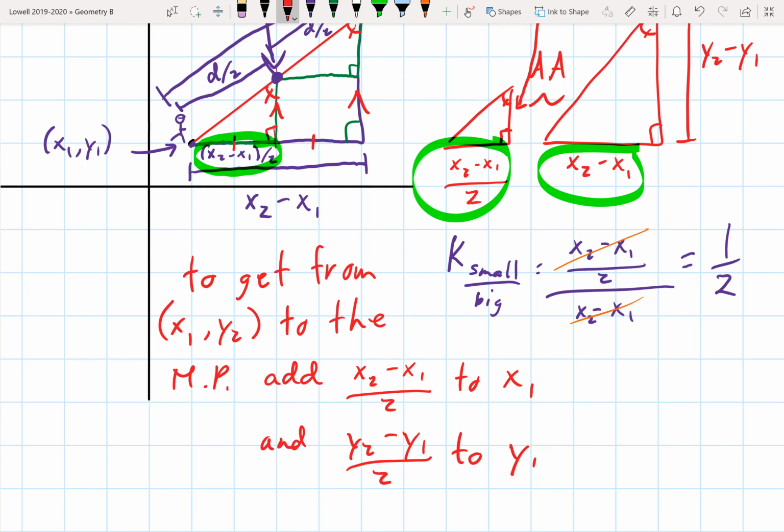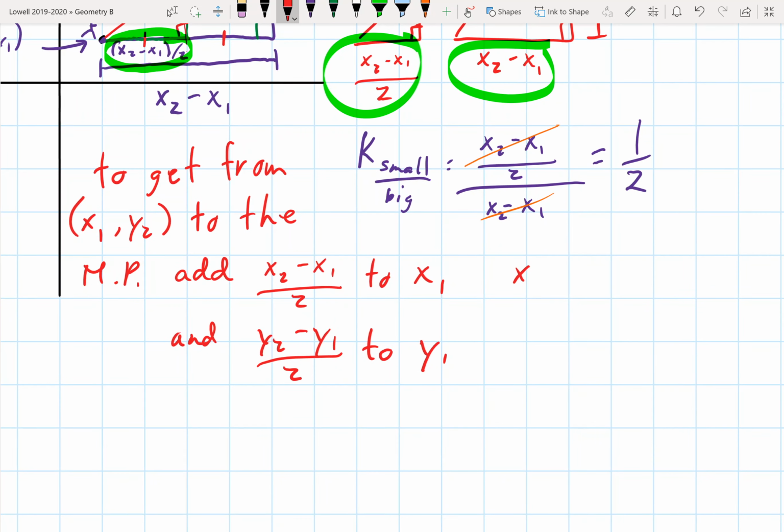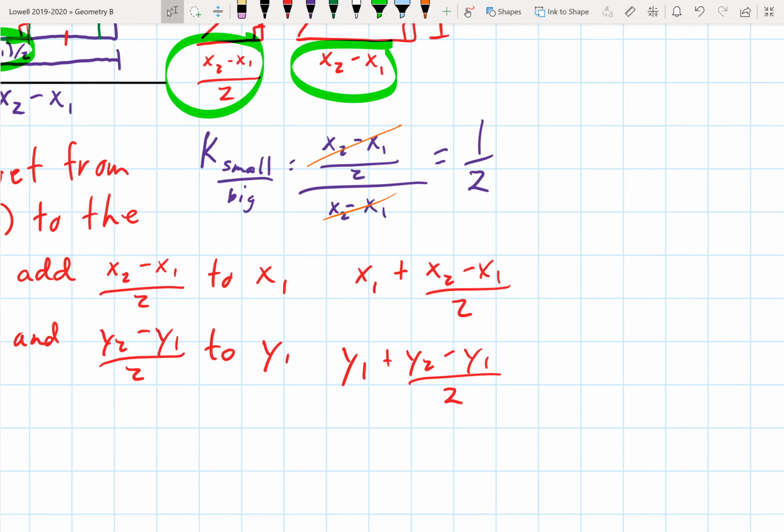What will this be? Let's work this out. I have x1 plus x2 minus x1 over 2, and similarly y1 plus y2 minus y1 over 2. Let's get a common denominator here, so this will be 2 over 2 times x1, and 2 over 2 times y1. Now you can see how many x1s I actually have on top. I really only have one, because I'll have 2 x1s minus 1.